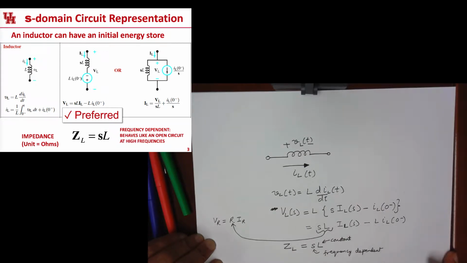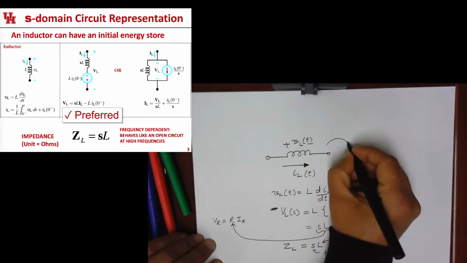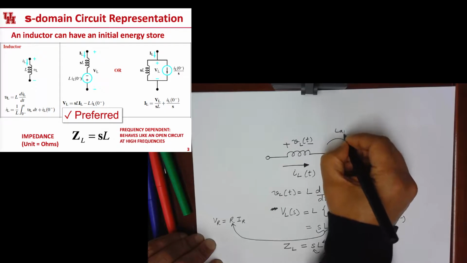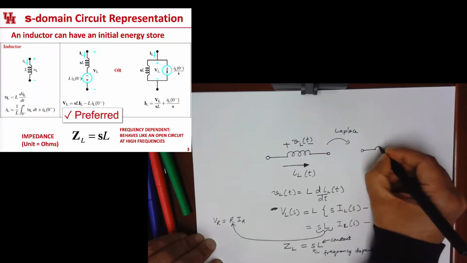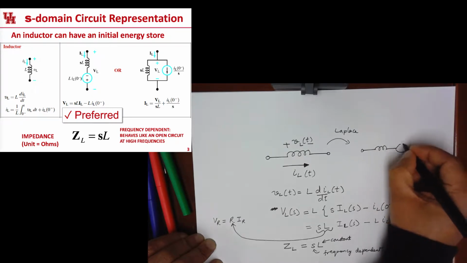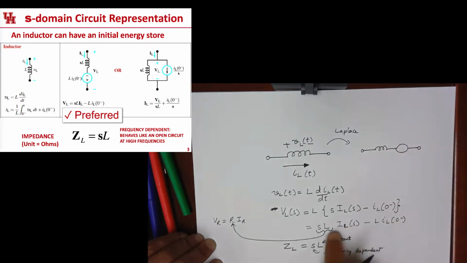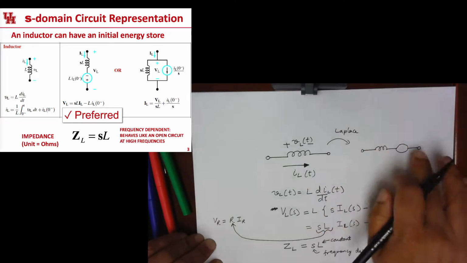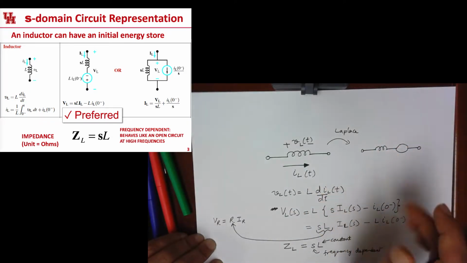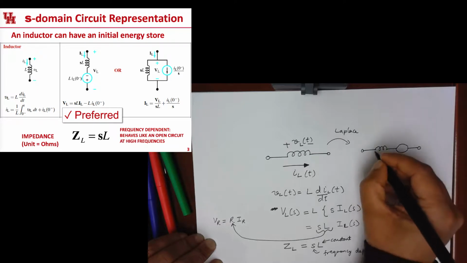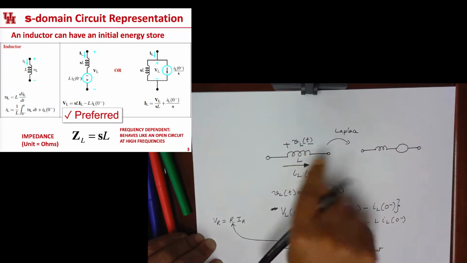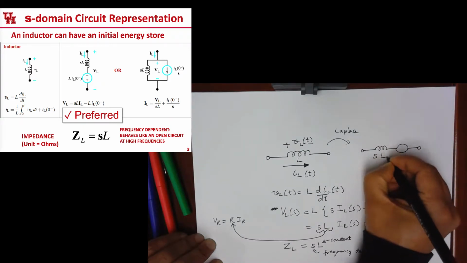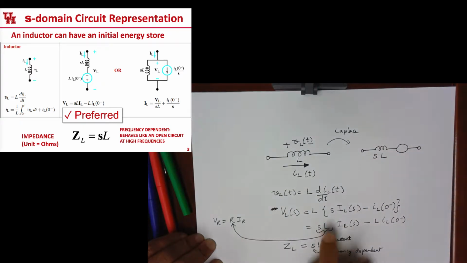Now if I take the same circuit and write that in the Laplace domain, I can write a diagram that looks like this, and this diagram reflects this equation. Everything here is in the Laplace domain. So the inductance here, which was L, gets replaced with sL, which is this element here.